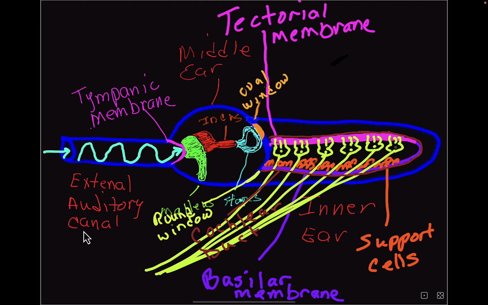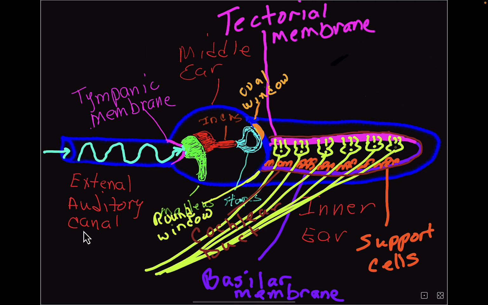Now, as the eardrum vibrates, it's going to start pushing on our first bone here, which is our malleus. Now, the malleus, as it starts to move, it begins to push on the second bone, which is our incus, and then the incus starts to push on the third bone, which is our stapes.